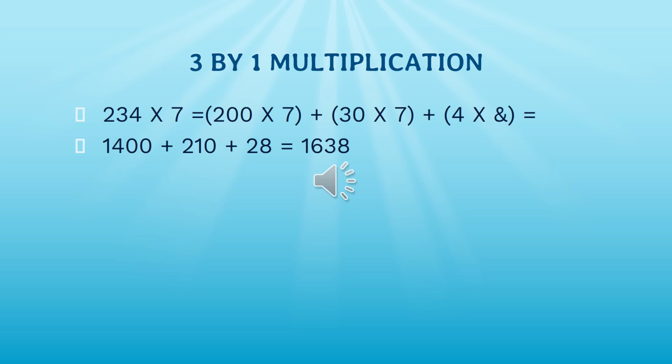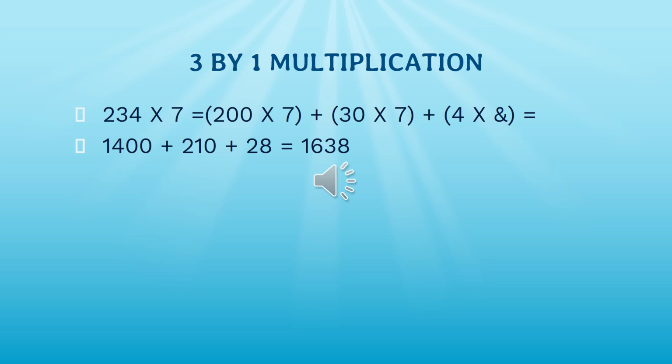Moving to 3 by 1 multiplication and using the same technique, multiplication by addition, let me illustrate this with an example. Here I have 234 times 7, breaking the larger number 234 into 200 plus 30 plus 4 and distributing 7 to each.